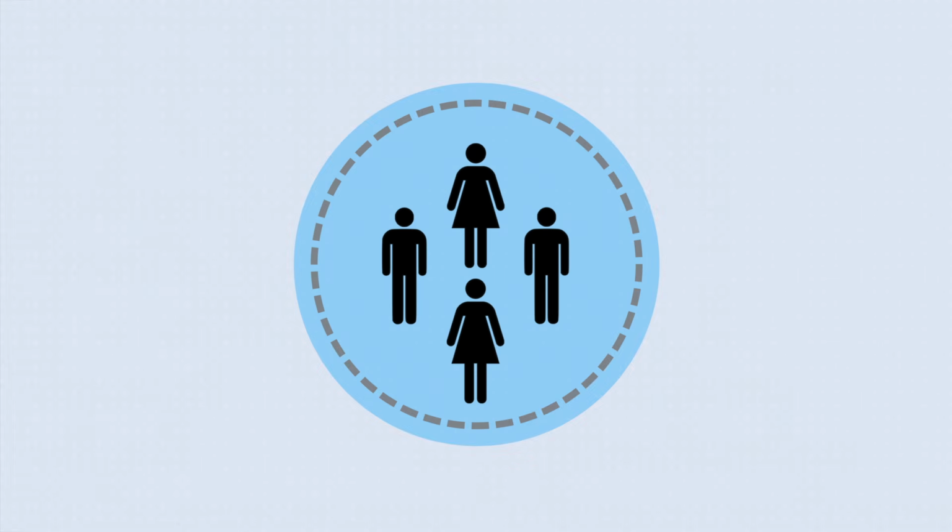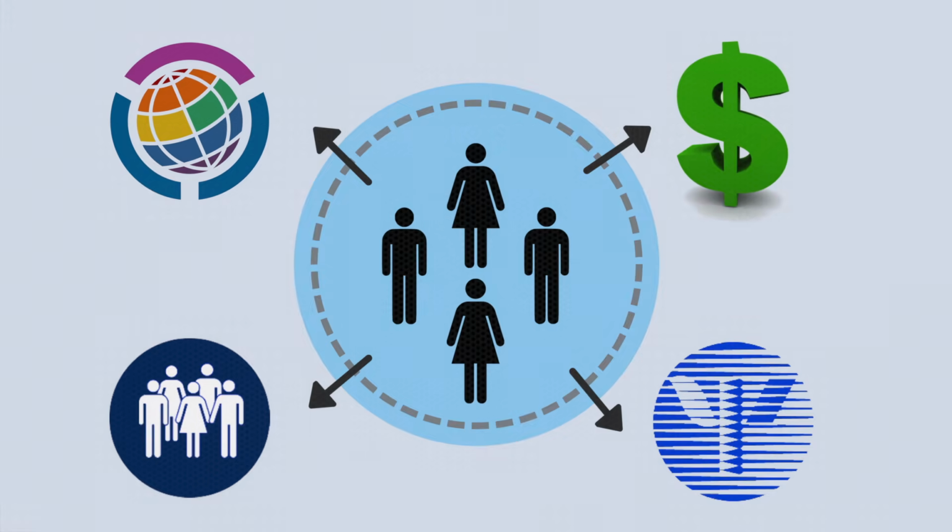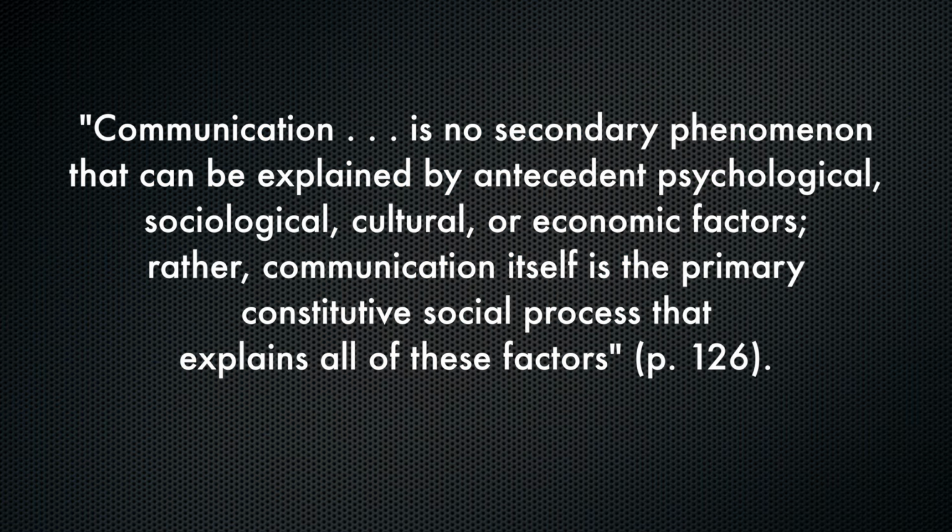Craig talks about how communication is the central activity in our lives that creates all other social forces in society. He states, communication is no secondary phenomenon that can be explained by antecedent psychological, sociological, cultural, or economic factors. Rather, communication itself is the primary constitutive social process that explains all of these factors.